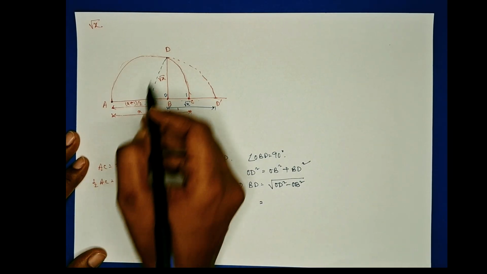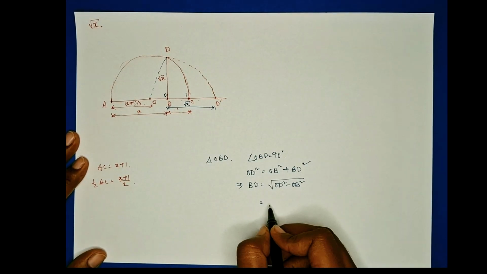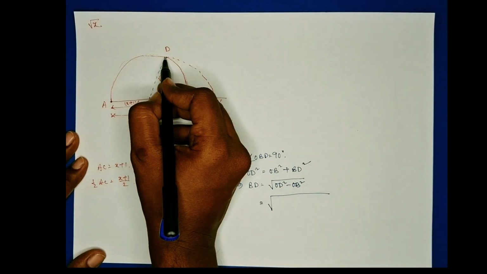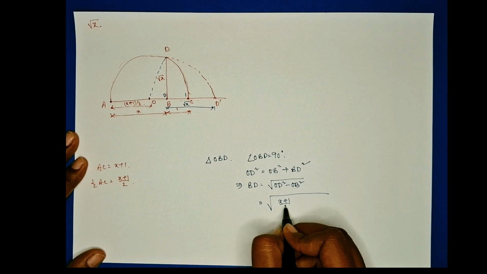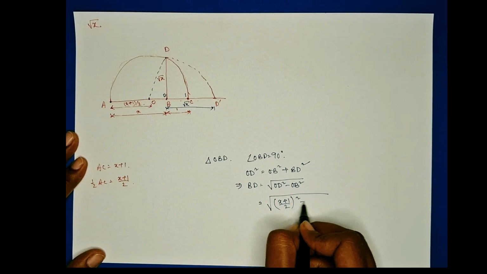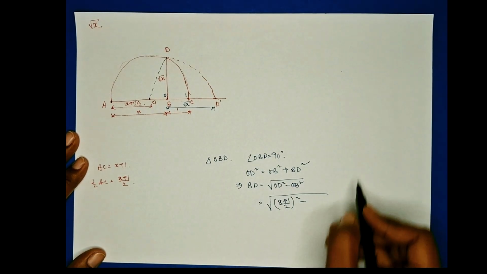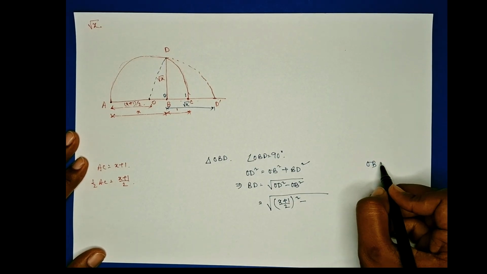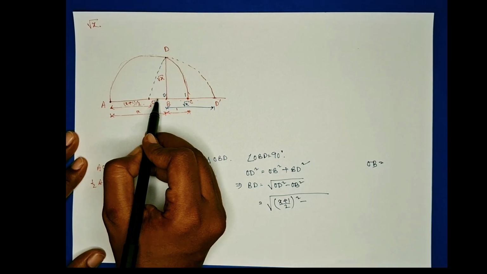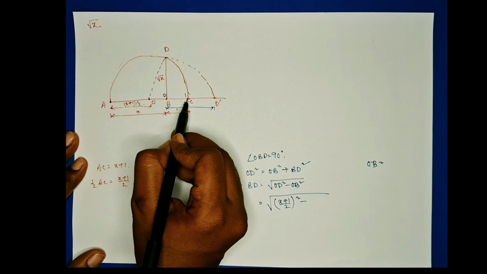So now what is OD? OD is nothing but the radius, and what is the radius? This is (x plus 1) by 2, whole squared, minus, and now what is OB? This OB is equal to the whole length OC minus BC.